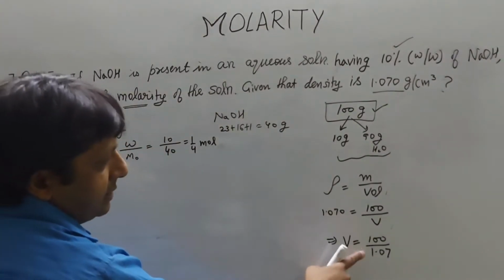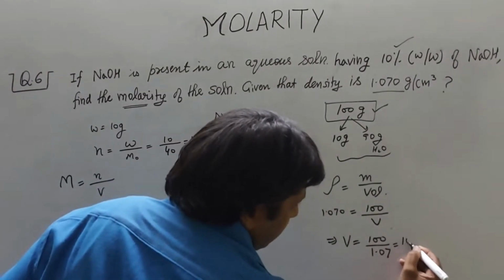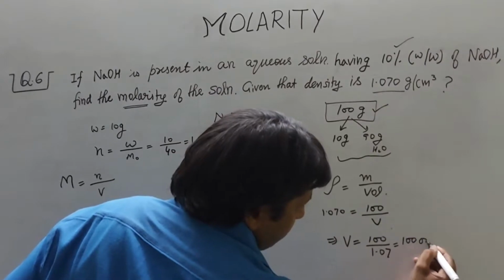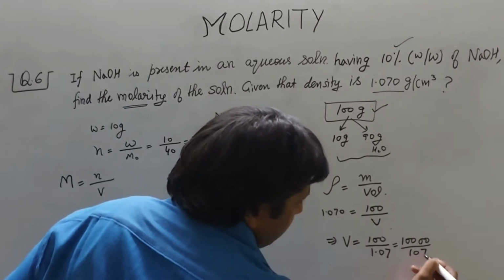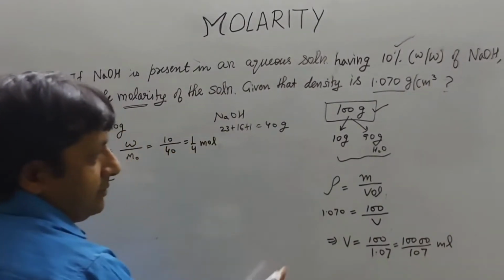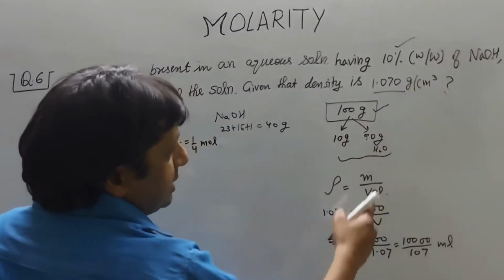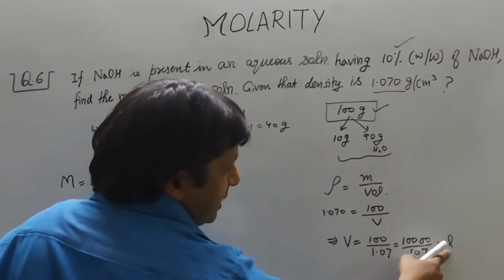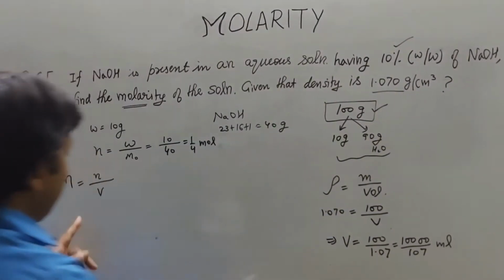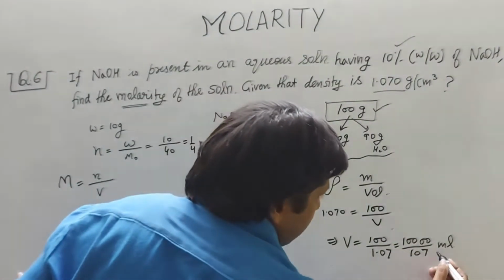We can write 1.070 as 1.07, that is equal to 100, 2 zeros of this, divided by 107. This will be in milliliter because density is in cubic centimeter, 1 cubic centimeter is 1 milliliter, that is why it is coming in milliliter. But for molarity we have to find the volume in liter, that is why we will divide it by 1000.